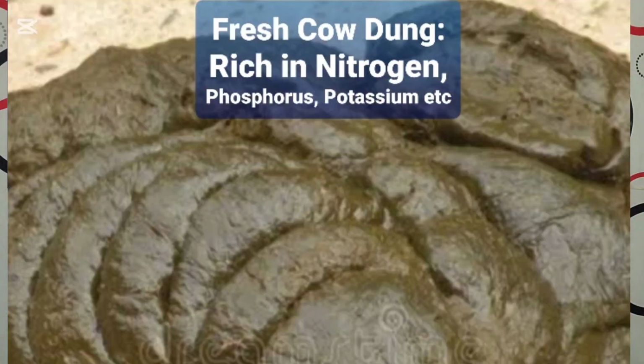If for any reason you are tempted to use the animal dung mixed with sawdust and immediately apply on the seedlings, you should not at any time use fresh animal dung because that could be dangerous.